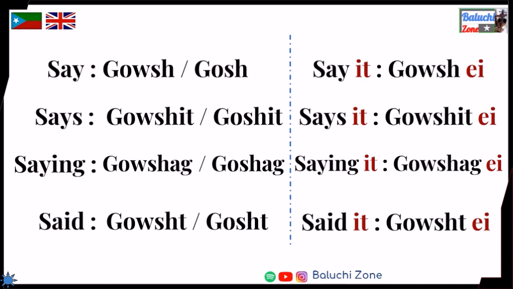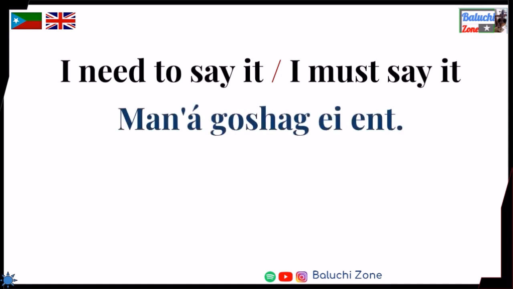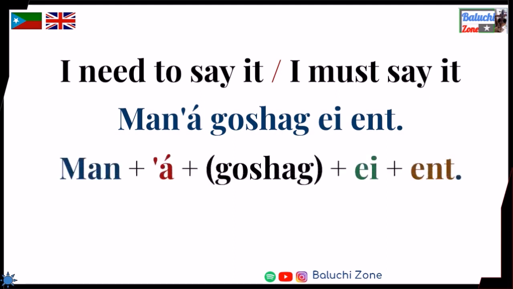Now, if I wanted to get expressive in future tense and speak along the line of I need to say it or I must say it, we use man, goshag, ent. Mana goshagient.